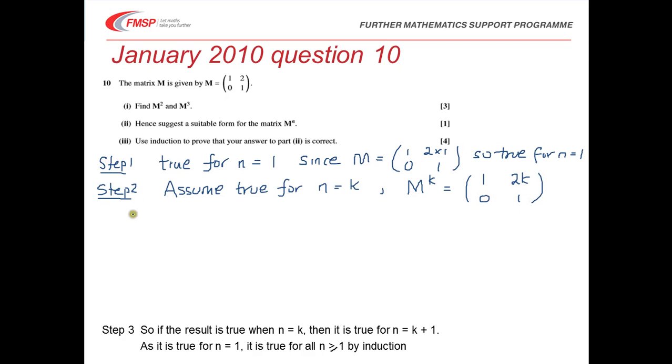And we'll now need to multiply that by another matrix M, so that we can work out M to the power of k plus 1. So we'll let n equals k plus 1 to find M to the power of k plus 1, we'll multiply it by the matrix 1, 2, 0, 1.